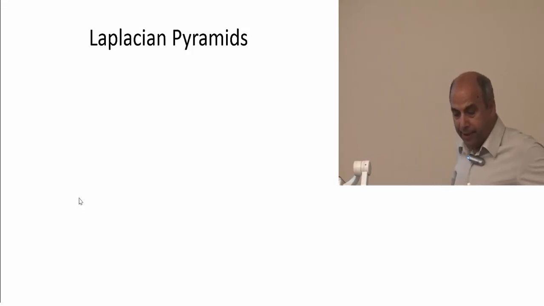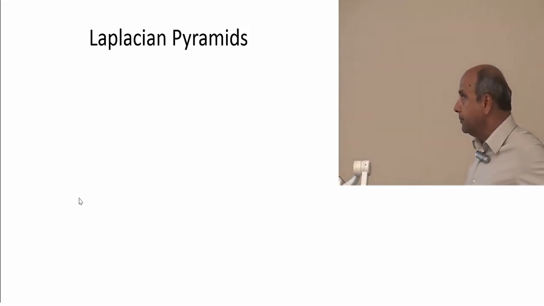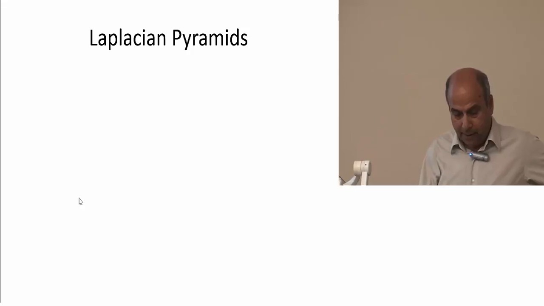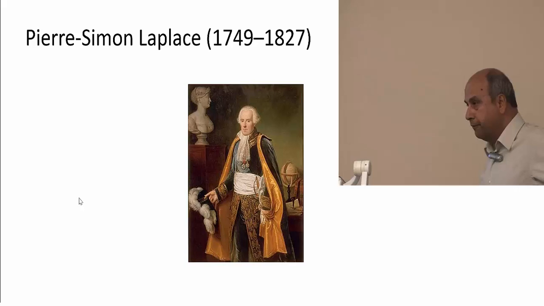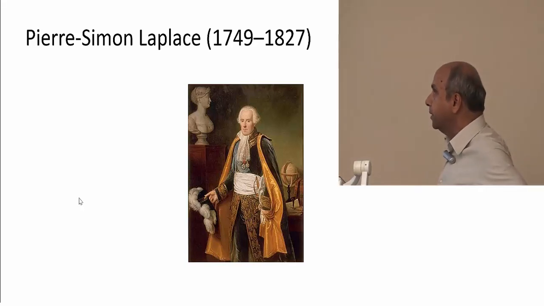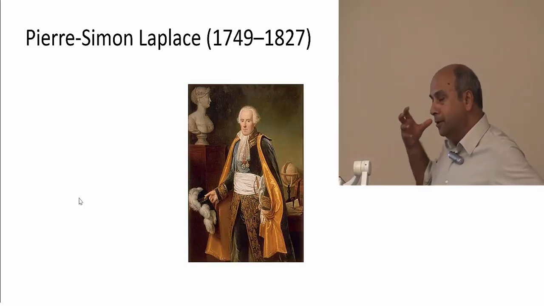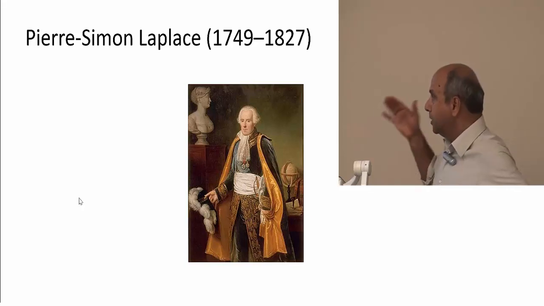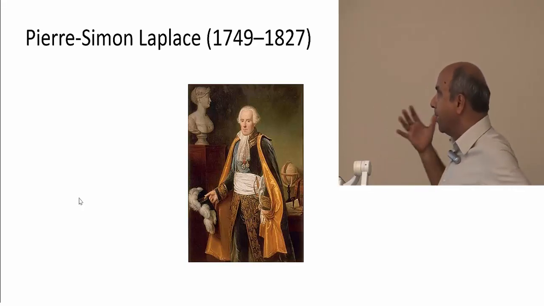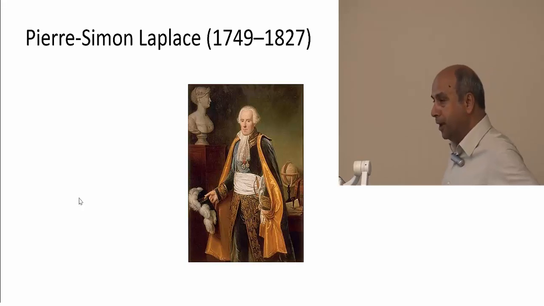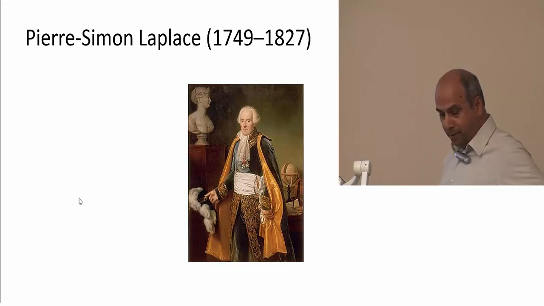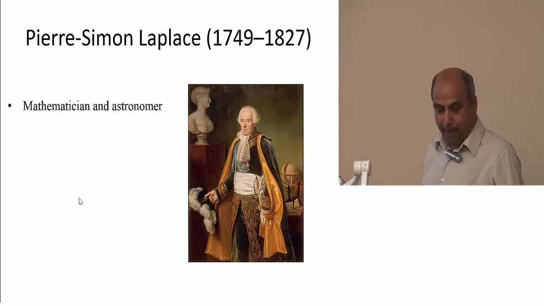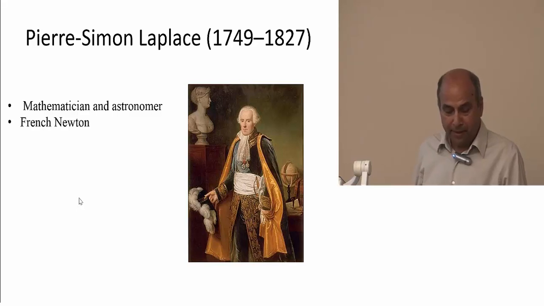Now there's another interesting pyramid, called the Laplacian pyramid, which comes from the French mathematician Pierre-Simon Laplace, who lived from 1749 to 1827 and contributed a lot to mathematics and astronomy.